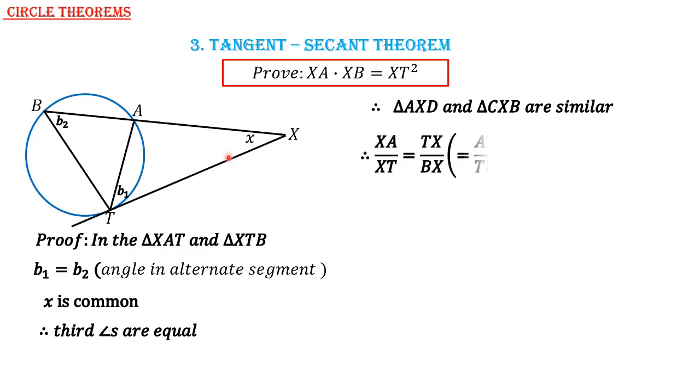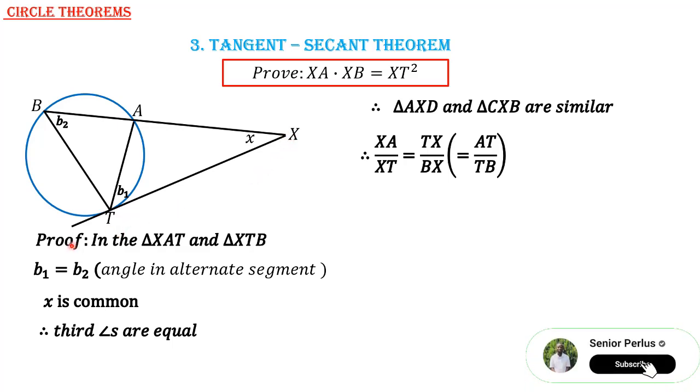So if they are similar, then SA is the same as ST, right? ST or TS the same as BS, right? Then AT, so the same as TB.